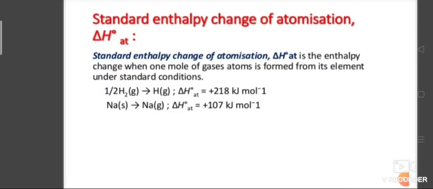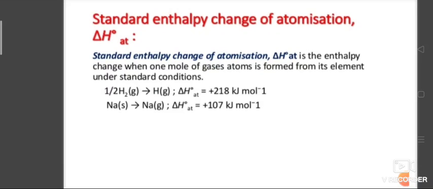Atomization. What do you mean by atomization? When a substance reacts, if it is a single compound it dissociates into elements, and if elements are there they combine to form a compound.